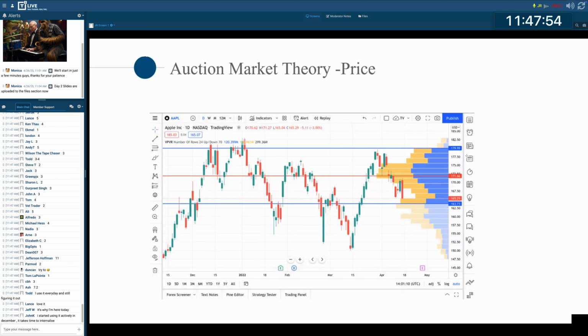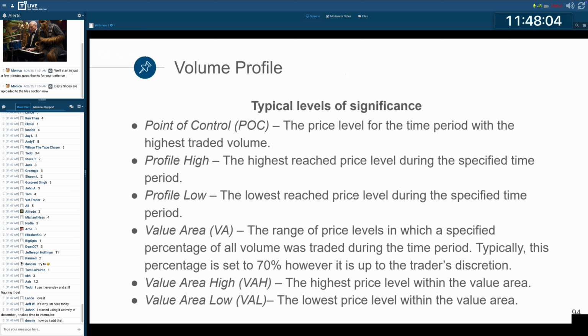In case you've been asleep in a cave in Afghanistan during market hours, this is what the volume profile looks like, right? So, typical levels of significance, and we're going to blaze through this, and then we're going to get into the nitty gritty. Point of control: the price level for the time period with the highest traded volume.